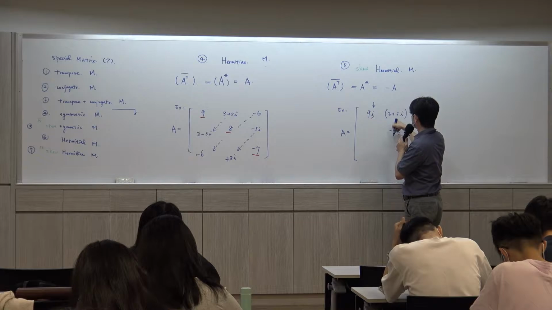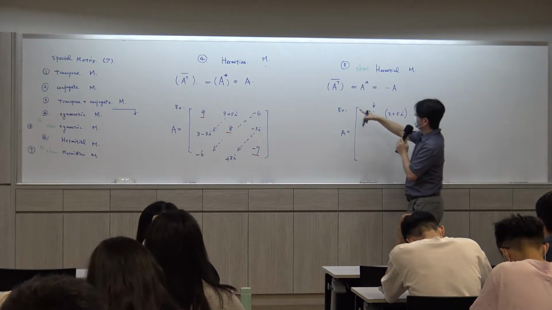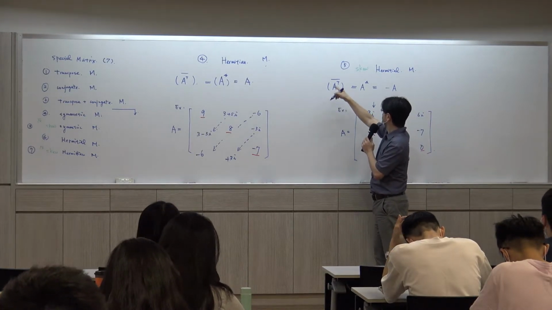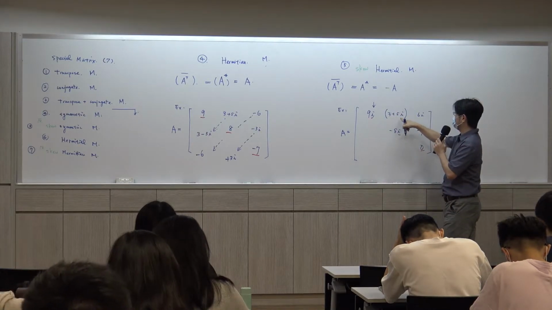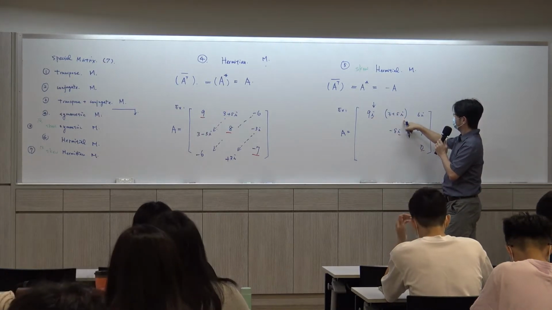For the element 3 plus 5i, the complex conjugate would be 3 minus 5i, right?